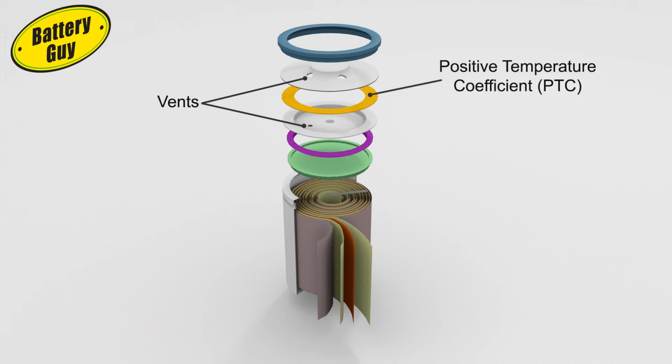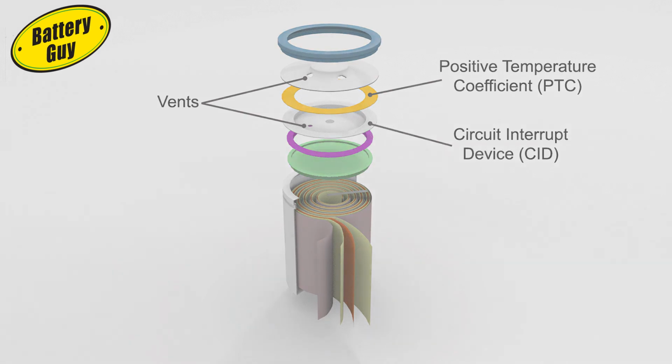A positive temperature coefficient material increases in resistance if the battery becomes hot, which effectively cuts off the positive terminal from the plates inside. A circuit interrupt device is a metal alloy which changes shape when the temperature rises above a certain point, and by doing so also disconnects the positive terminal from the inner plates.